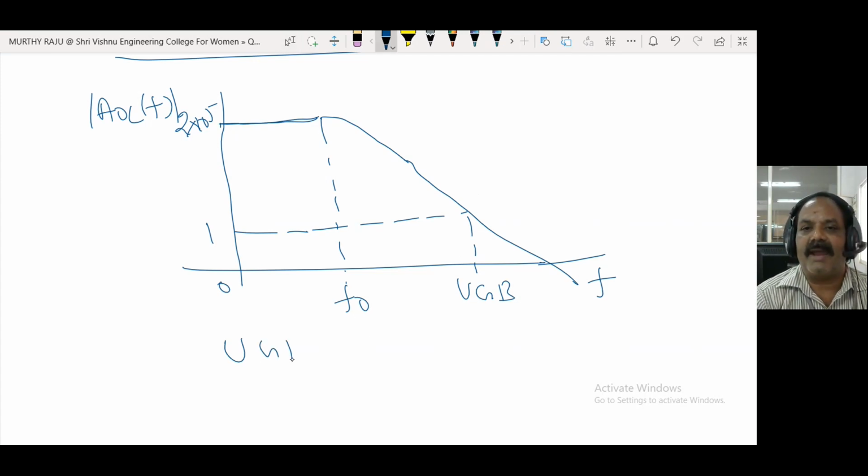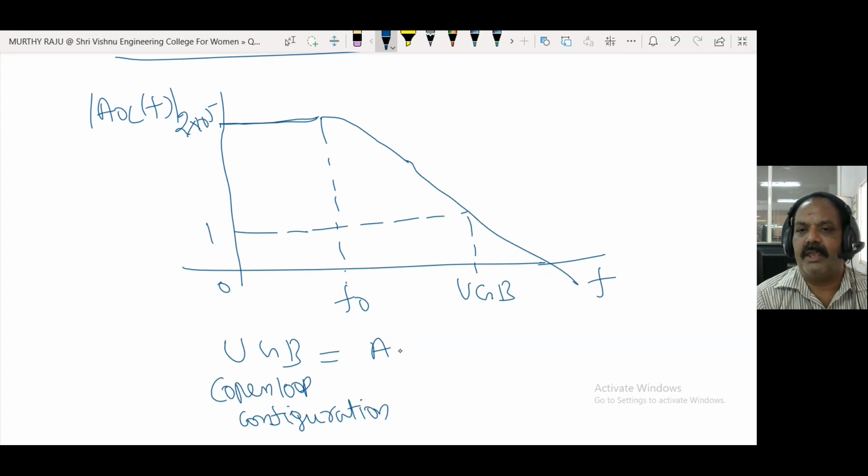Generally, the unity gain bandwidth product in open loop configuration is defined as the product of the open loop gain AOL at 0 Hz and the break frequency f naught.